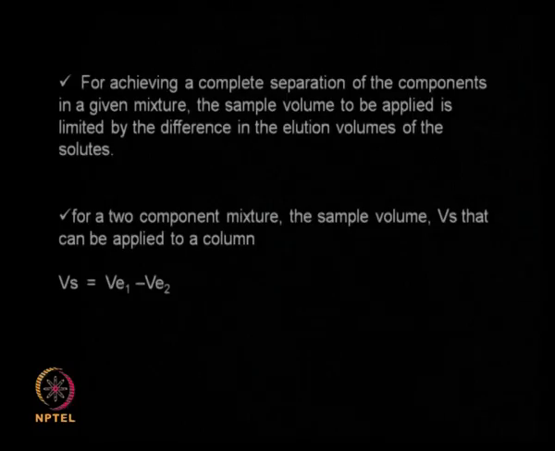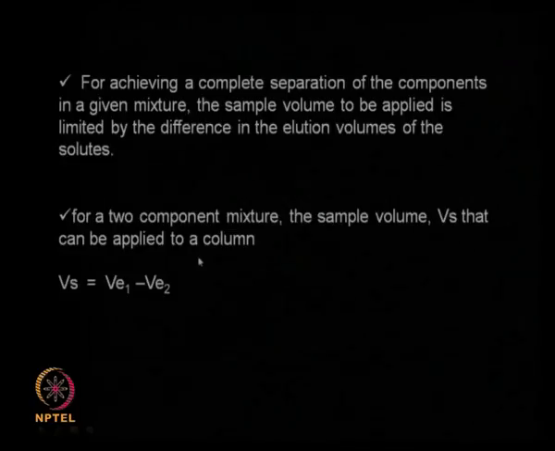I should know the elution volume for component 1 and the elution volume for component 2, and that difference is called Vs, and that is what we should apply for achieving a separation. So Vs, the sample volume required, will be the difference in the elution volume of solutes 1 and 2.